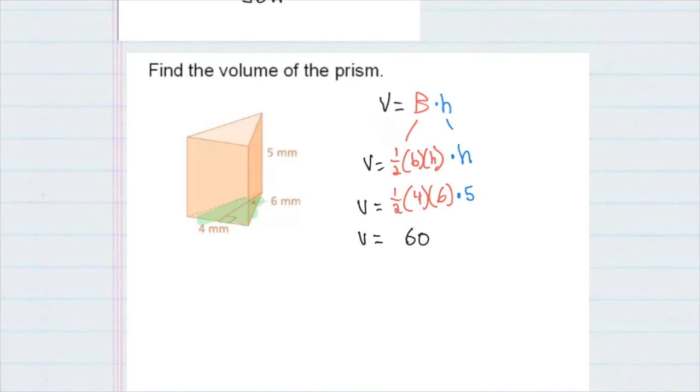Looking at my units, I've got millimeters three times, which means millimeters cubed. So my final answer is 60 millimeters cubed. It's very important that you use cubed as your dimensions, so people know you're talking about a unit of volume in a 3-dimensional figure.